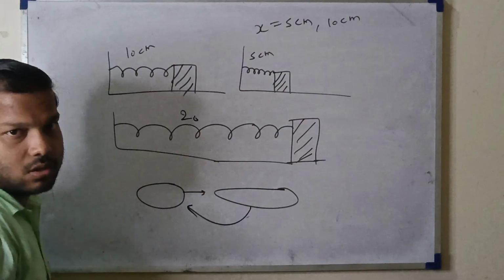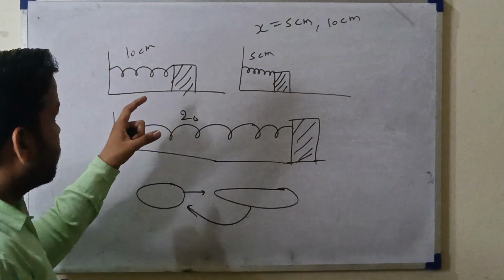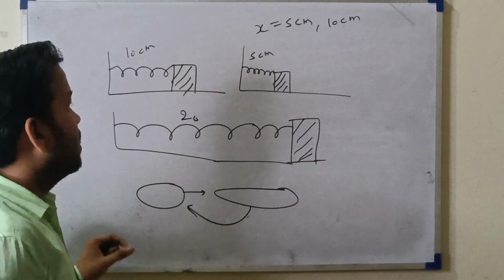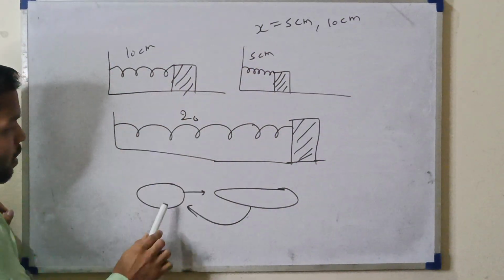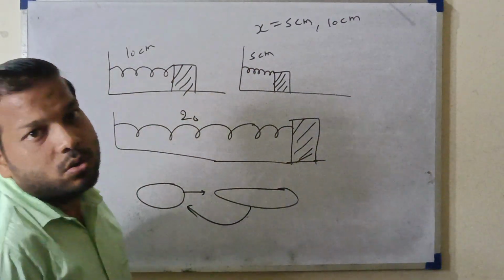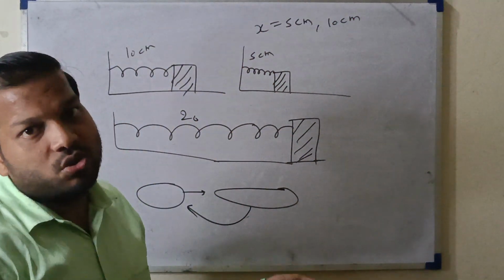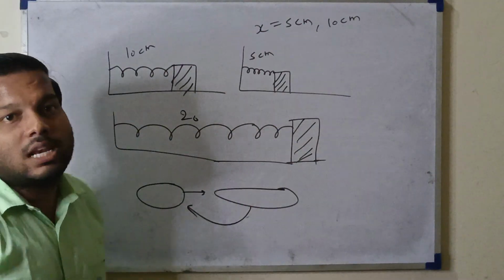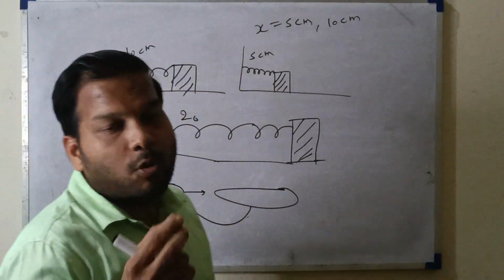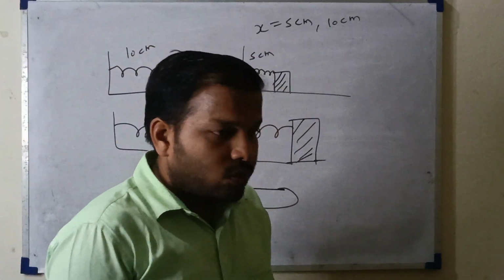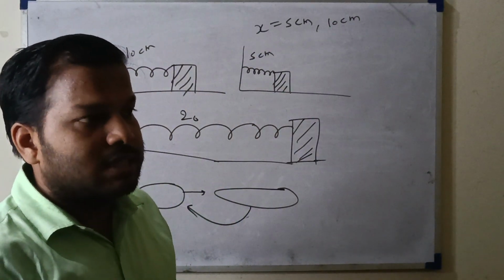Such kind of objects, in which after removing the force the object, rubber or spring, comes back to its original shape or position, are known as elastic objects, and this property is known as elasticity, which you will read in class 11th.